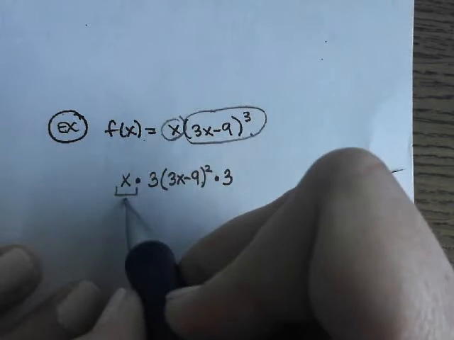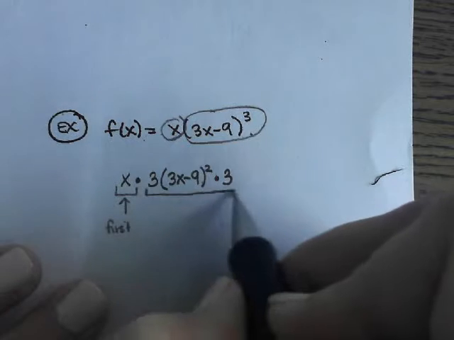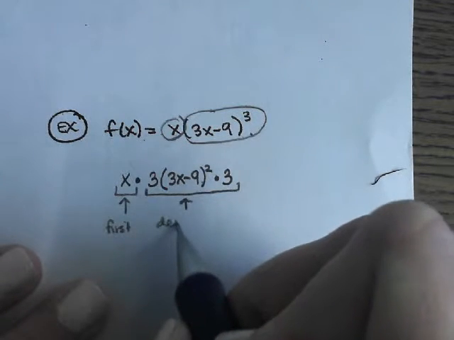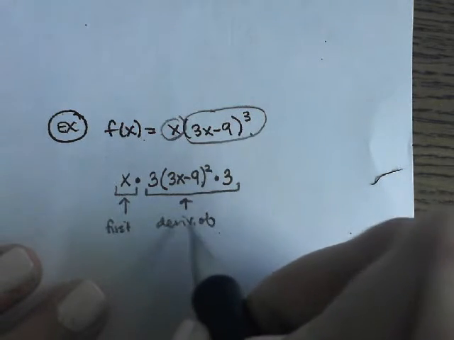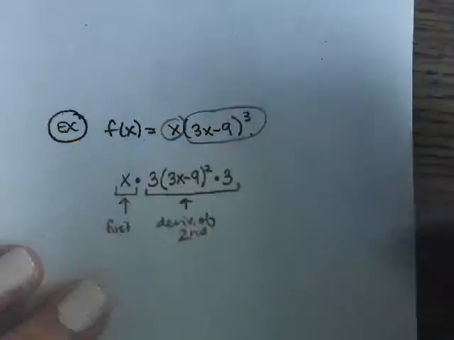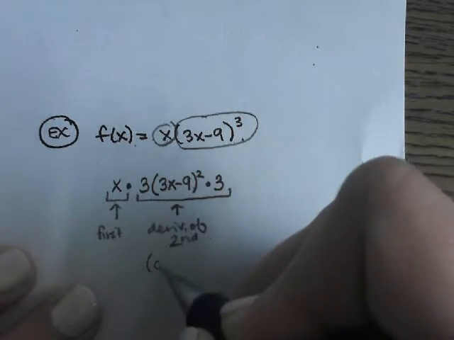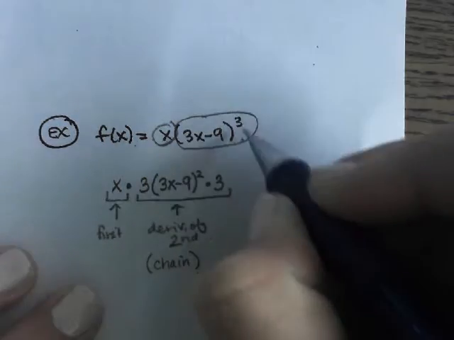So that's your first. And this here was the derivative of your second. And that, in parentheses, I'll put chain, because that derivative of your second required the chain rule.